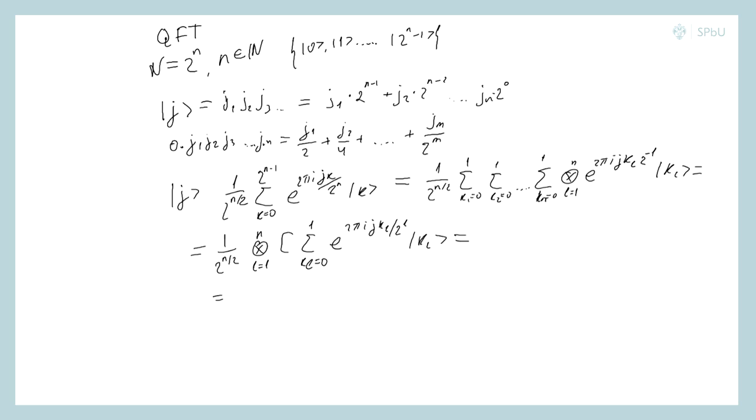And finally, it equals 1 over 2 to the power of n/2, tensor product over l from 1 to n of the state 0 plus e to the power of 2 pi i j divided by 2 to the power of l, on the state 1. So this form of the Fourier transform will be more convenient to us.